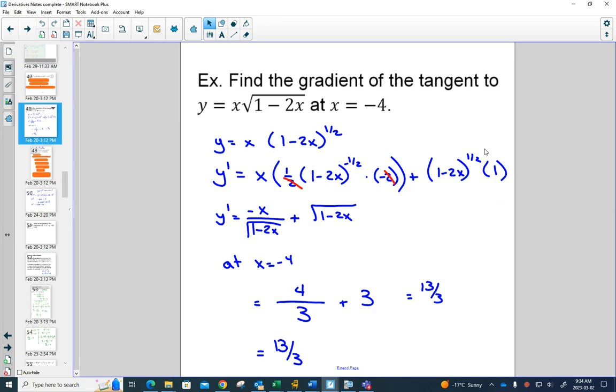Then, when evaluating it, because it says find the slope or the gradient of the tangent at x equals -4, I changed all of my halves back to square roots. For mental math, I felt that that would be easier. Because when I plug in -4, I get square roots of 9.